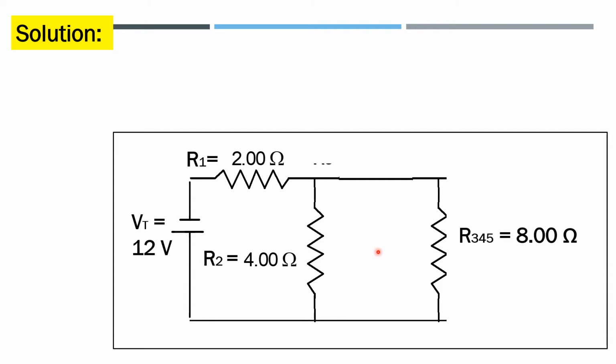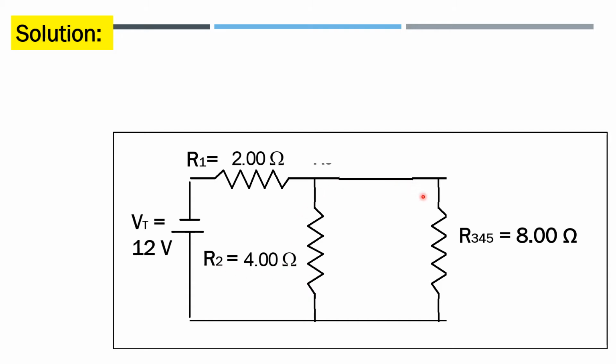The sum of the resistors that we just computed earlier, we now call R sub 3,4,5, whose value is 8.00 ohms. In the diagram, this zigzag sign represents that equivalent resistance R3,4,5. How is this connected to the second resistor R2?